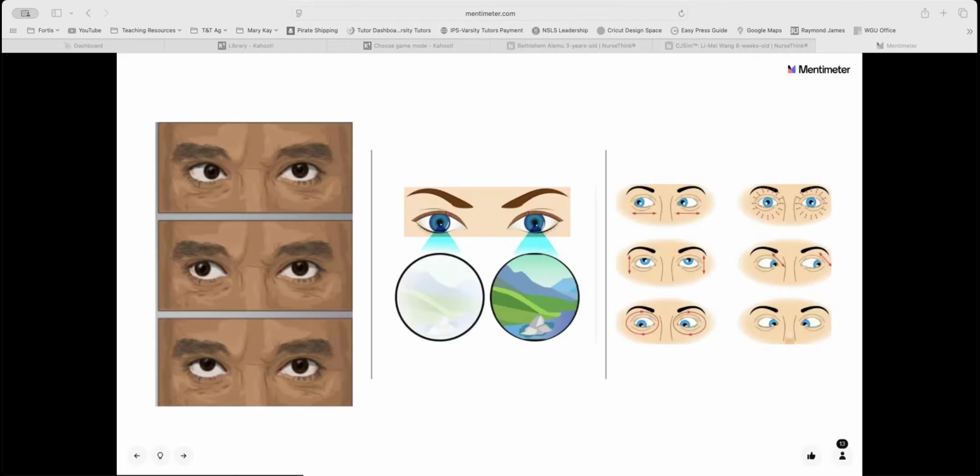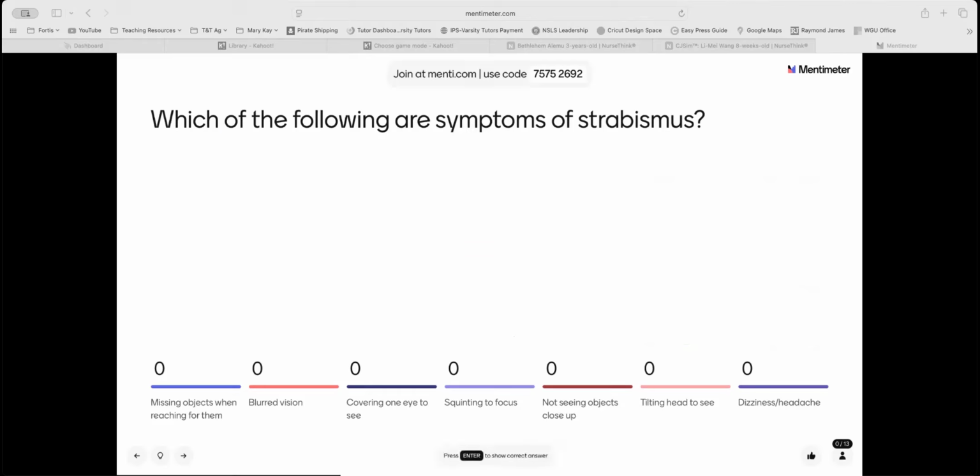So now we're going to deep dive into strabismus a little bit. What are those symptoms that we would expect to see? If we can't direct both eyes towards an object, then what are some of those symptoms that we would see?